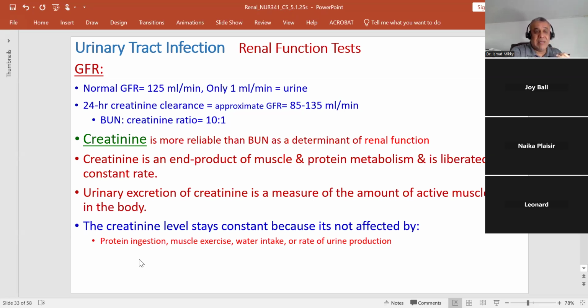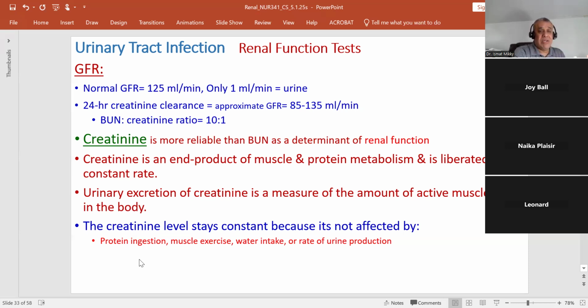High protein diet, the BUN will increase. Muscle breakdown will also increase the BUN. So if we're going with the most reliable indicators of kidney function, number one is the GFR, and next to that is the creatinine.